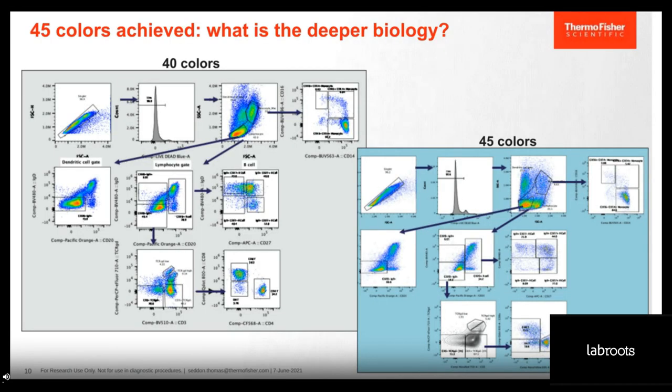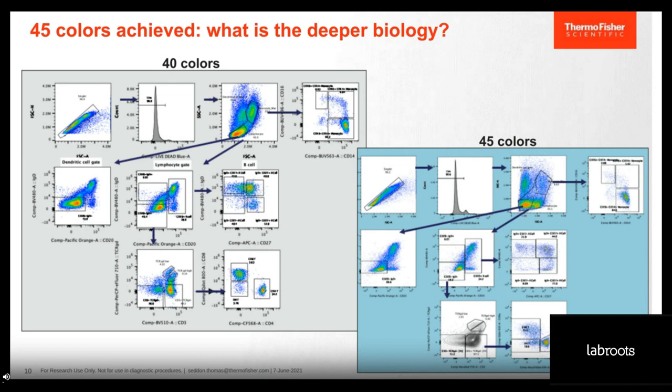And so we could get to these 45 colors, but the real question is, what is the deeper biology? And are there places where this is actually a problem in terms of the panel, and the unmixing doesn't quite work the way that we would like it to?